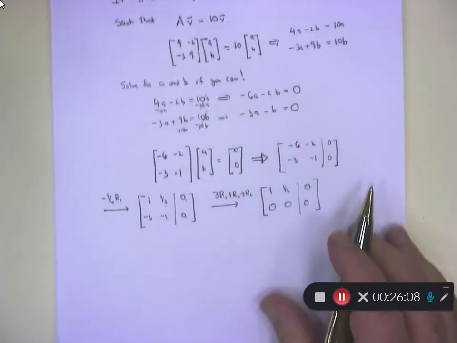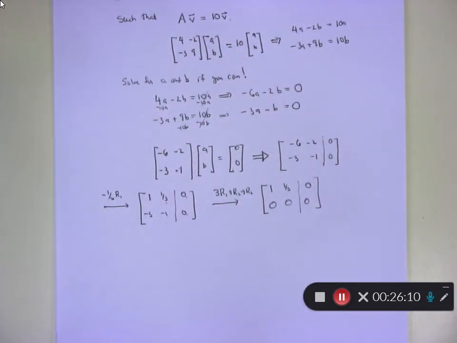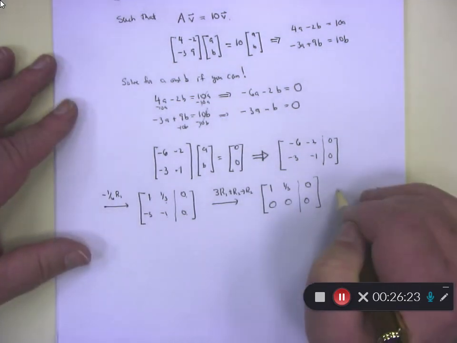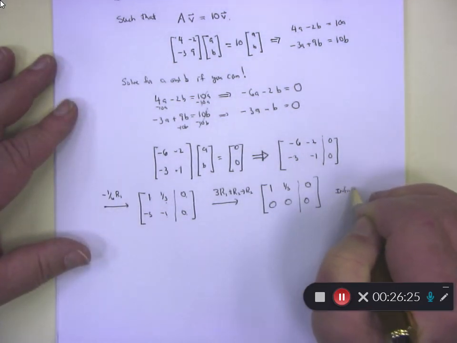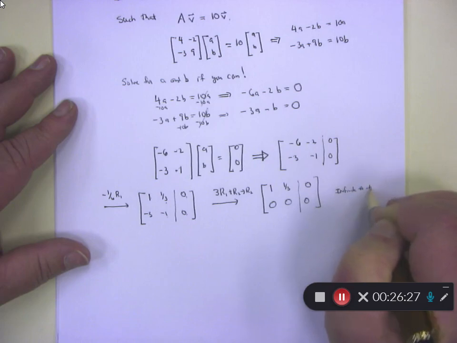Oh, I got a row of zeros. What does that mean? Consistent, infinite. Okay, and the row of zeros means I got an infinite number of solutions.